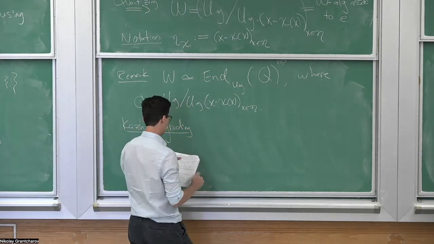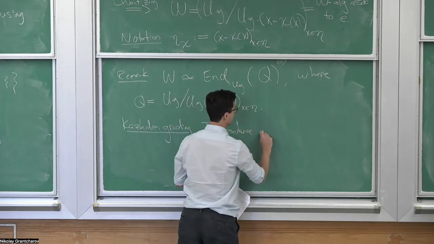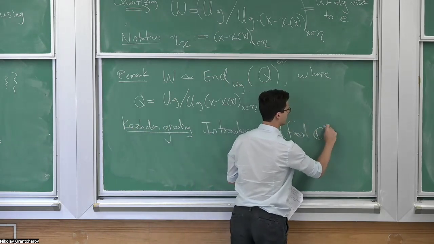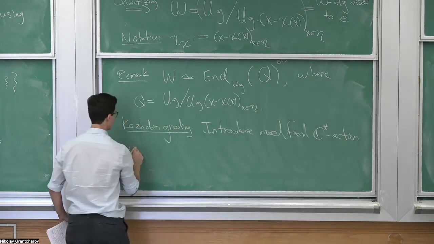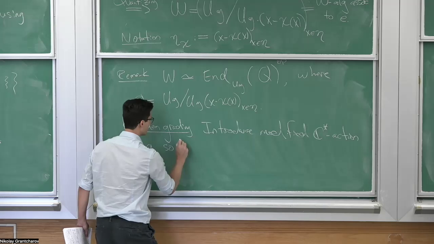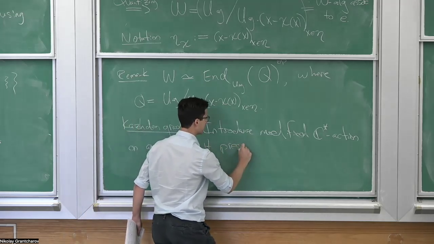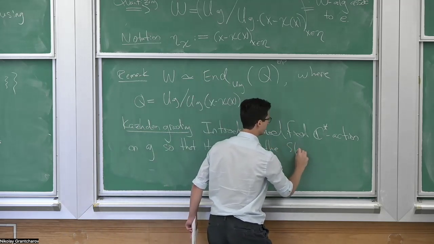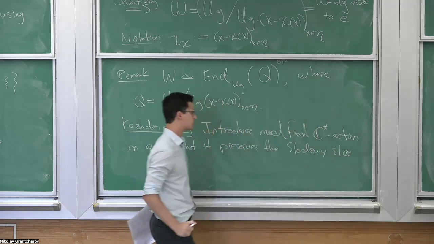So we introduce a modified C star action on g so that it preserves the Slodowy slice and it contracts it to a point.